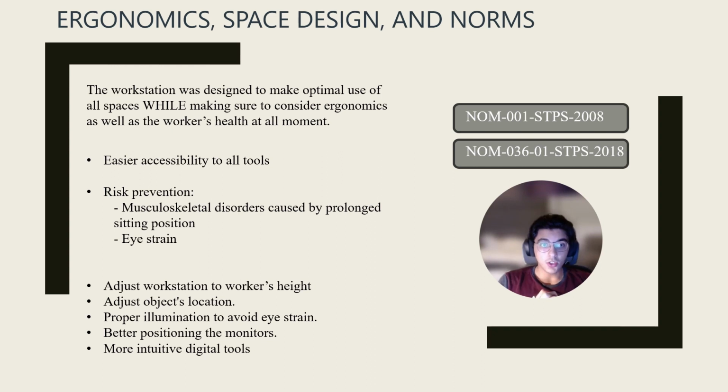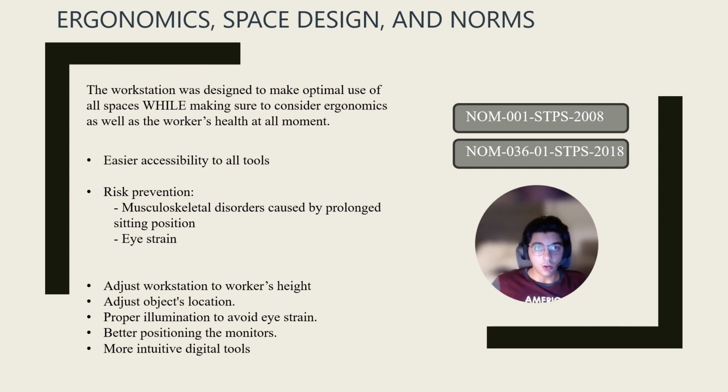The workstation was designed to make optimal use of all spaces while at the same time making sure to consider the ergonomics for the worker as well as their health. The proposal of this workstation 4.0 allows for easier accessibility to all tools, both digital and physical, something that can potentially reduce the effort and time taken to perform tasks. This way, improving the working experience for the security guards while they perform their jobs.